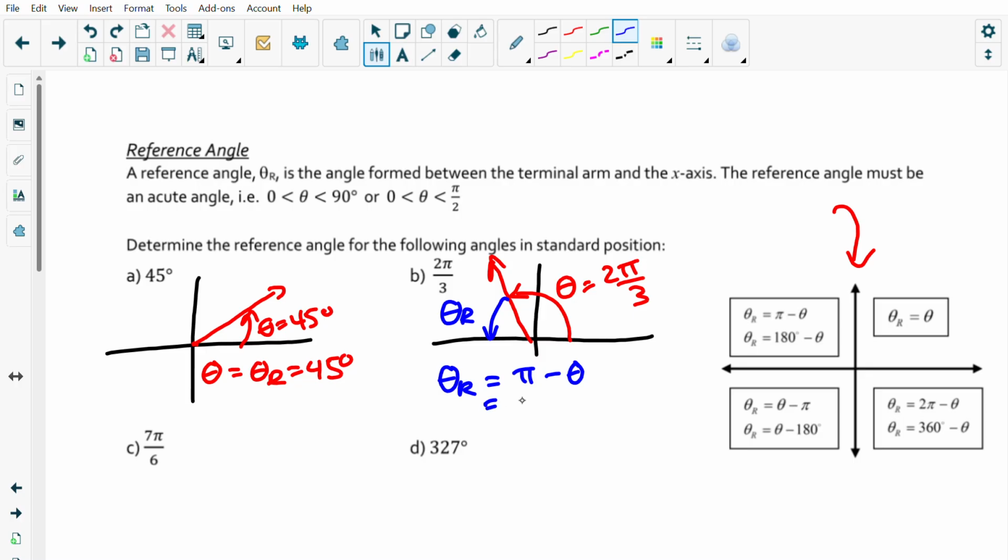So that's pi minus 2 pi over 3, or 3 pi over 3 minus 2 pi over 3, and that equals pi over 3. So theta r here is pi over 3 radians.